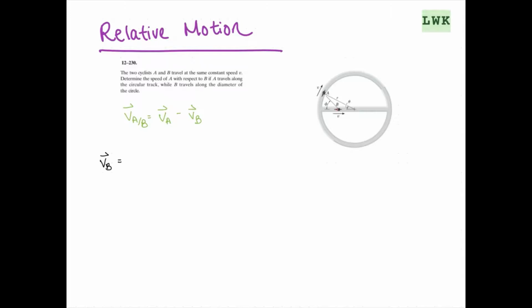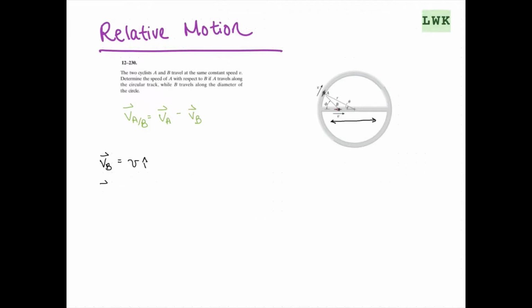So B is traveling just horizontally back and forth the diameter of the circle. And we know that it's traveling at this unspecified speed of V. So it's going to have an I component but no J component because it's not moving up or down, just horizontal. So we can say the velocity of B is going to be the speed times our I unit vector.